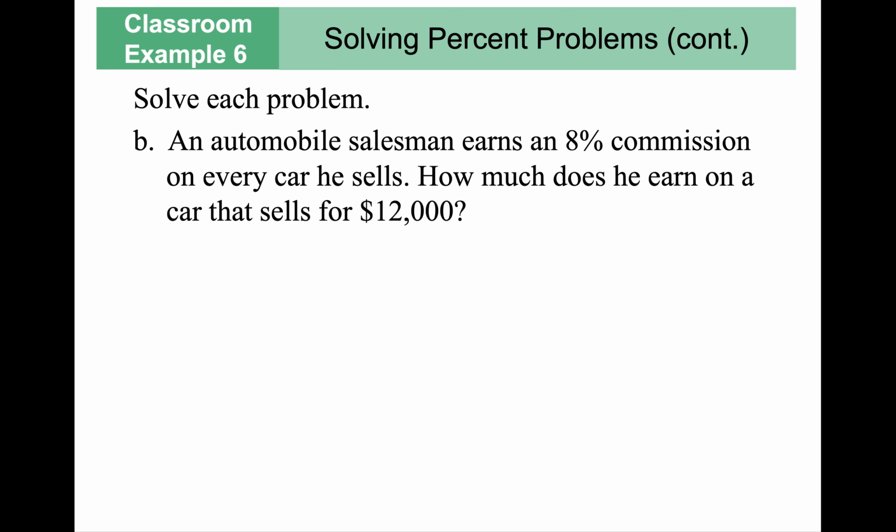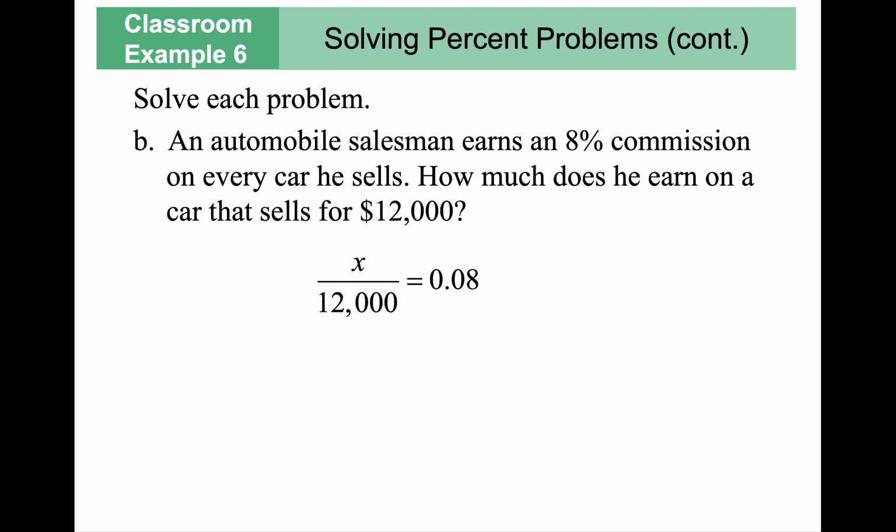Here, an automobile salesman earns an 8% commission. They gave me the percent on every car he sells. How much does he earn on a car that sells for $12,000? In this case, the 8% needs to go on the left-hand side, but it has to go as a decimal. So if I do 8 divided by 100, that gives me 0.08.